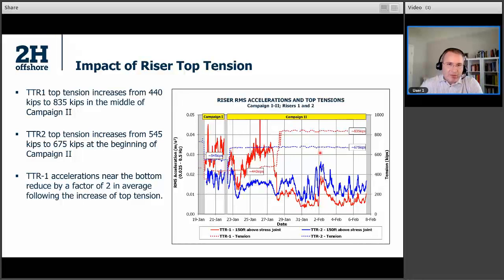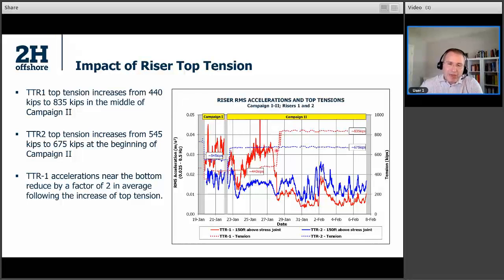It happened right at the very beginning of monitoring campaign 2. So we see that TTR1 accelerations or motions reduced by a factor of 2 following the increase of top tension.